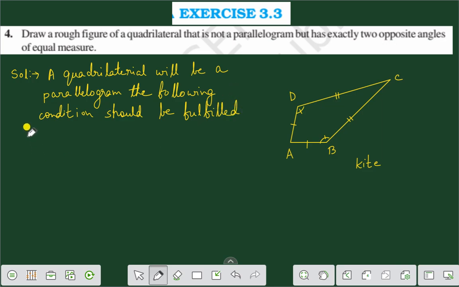Number 1, that is opposite angles should be equal.